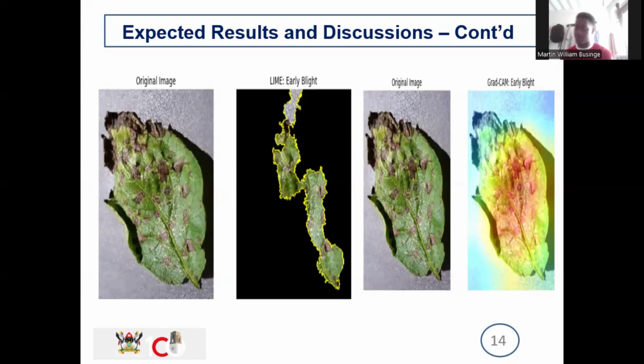And then to the furthermost right, we are using gradient-weighted class activation mapping, which is Grad-CAM, to show the points of focus. We have gradients ranging from blue to red, with red showing the most significant ones. So when you look at our original image once again, and you look at the Grad-CAM image, you can see that the red part is the part which has the dots.